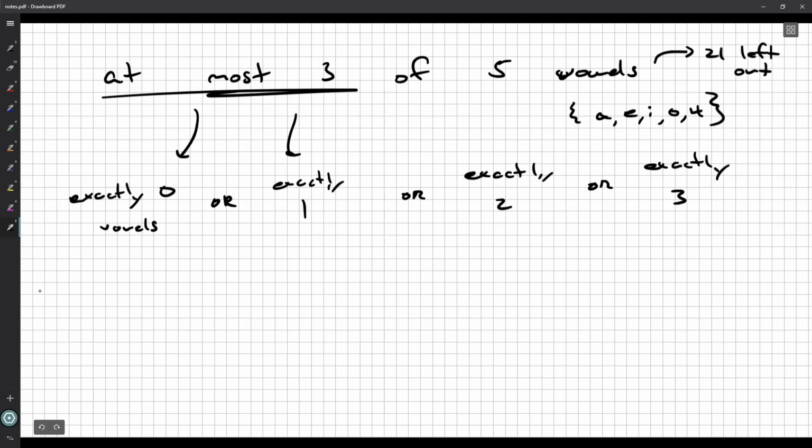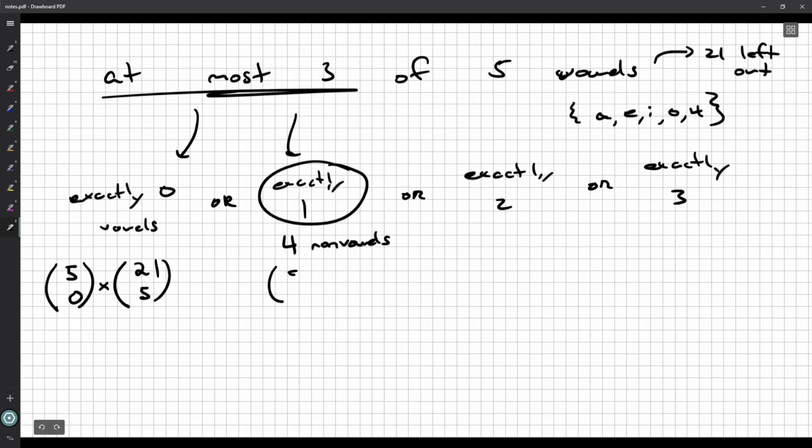So what can I do? From my 5 vowels, I pick none of them: 5 choose 0. And then, that's why I'm multiplying, from the 21 other letters, however you want to classify them, I need to pick 5 of them. We're making a set of size 5. If I pick exactly 1 vowel, that means I have to have 4 non-vowels.